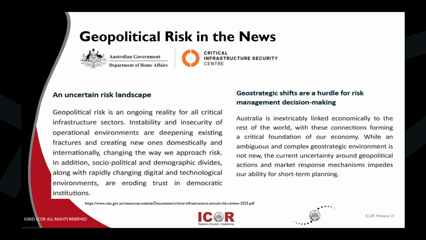While we have this new, ambiguous, and complex environment, and they're saying it's not new, I'm saying that it's becoming bigger, which is creating more uncertainty, which is impacting market response mechanisms, and is really impeding everyone's ability for short-term planning, because you don't know what it's going to be like in 6 months. And so how do you plan for that?